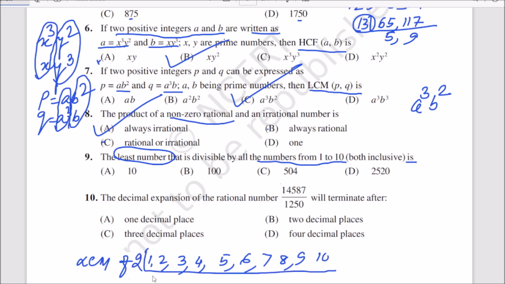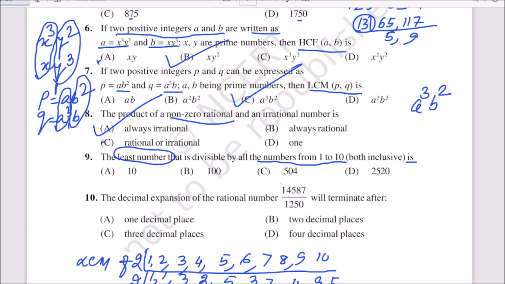So it will be 2, 3, 4, 9, 5. Then you will go for again 2, 5, 3, 7, 2, 9, 5.